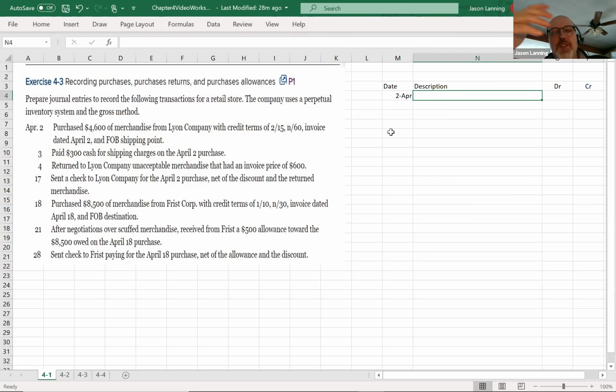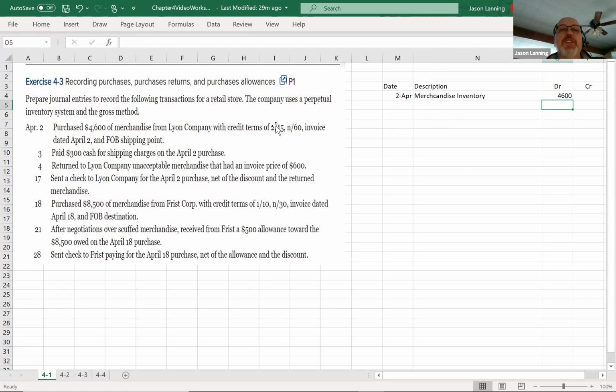So we should know the merchandise inventory is an asset. We own it until we sell it. So we're going to debit our merchandise inventory for the amount we purchased, the 4,600, because this is the gross method. So we're going to put everything down at cost, and if we take the discount, we will adjust then.